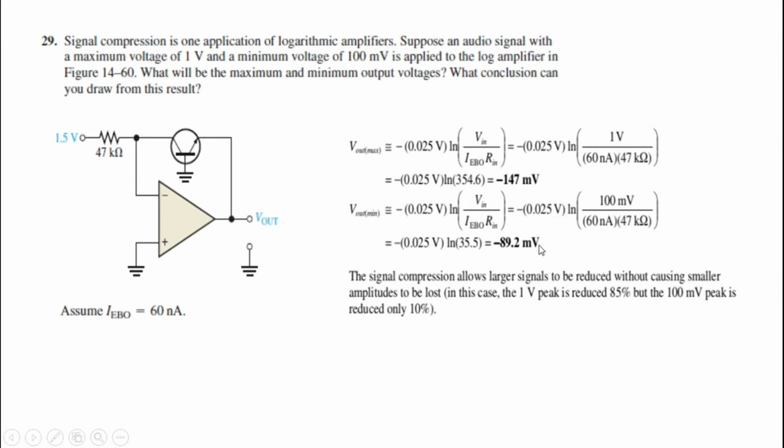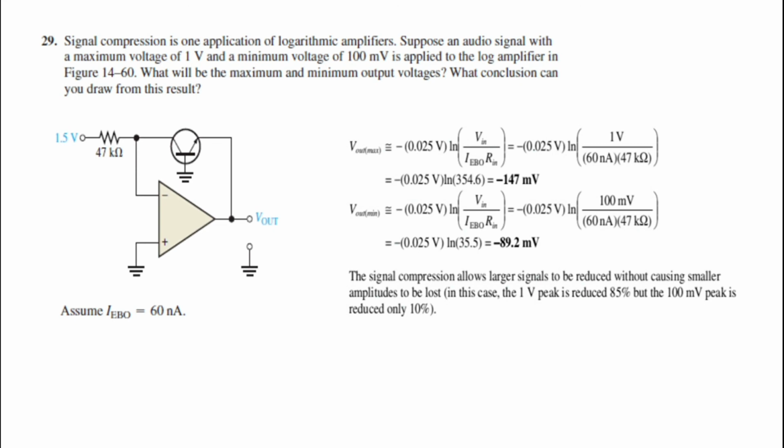What conclusion can you draw from this result? The conclusion is that signal compression allows larger signals to be reduced without causing smaller amplitudes to be lost. In this case the 1 volt peak is reduced by 85%, but 100 millivolt is reduced by 10%.